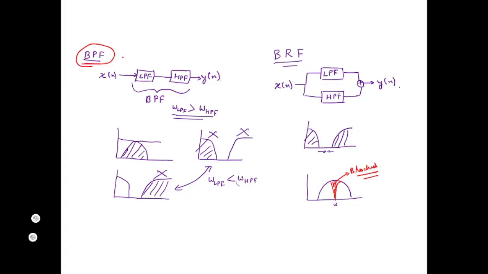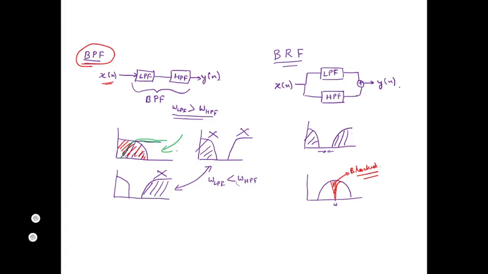Over here, we first pass the signal through the LPF, the low pass filter. So this whole section will be passed. Then this will be passed through the high pass filter. The high pass filter passes this portion, but the external portion, this white portion, is already rejected.